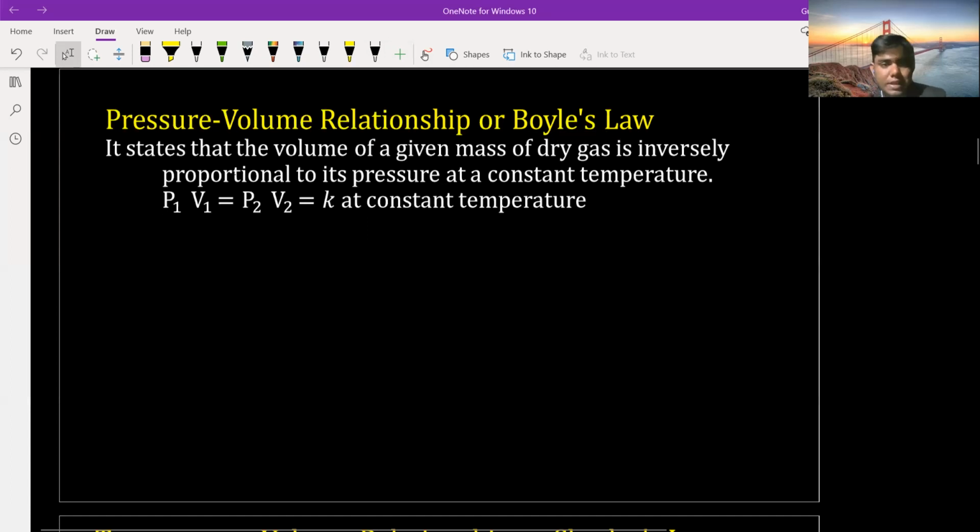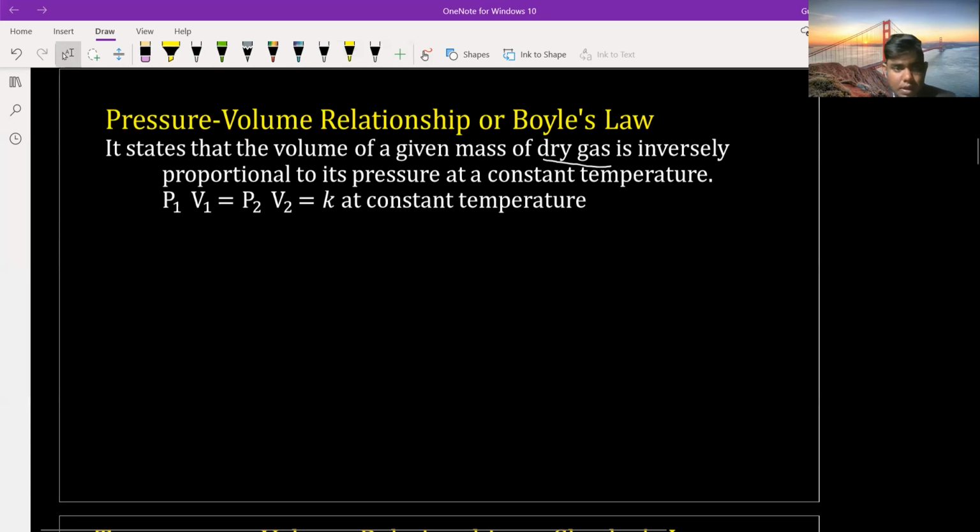Boyle's law states that the volume of a given mass of dry gas is inversely proportional to its pressure at a constant temperature. Understood?